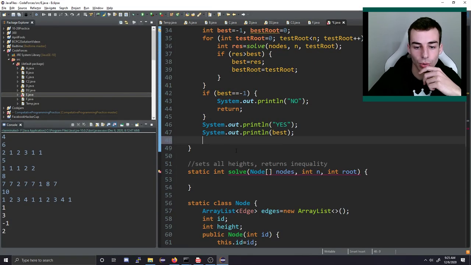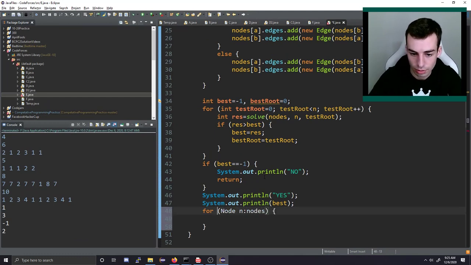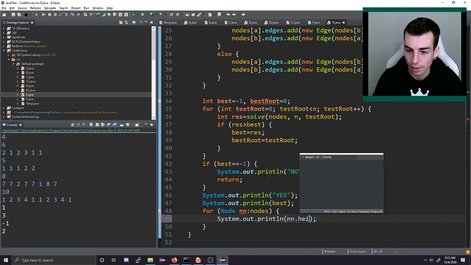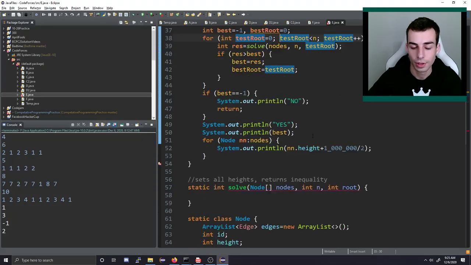Okay, that's kind of annoying, but whatever. Print the heights. So for node n in nodes, sys out n dot height plus 6/2.